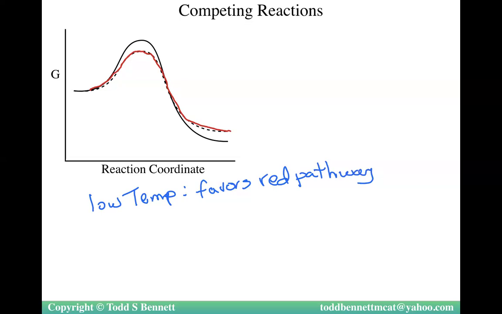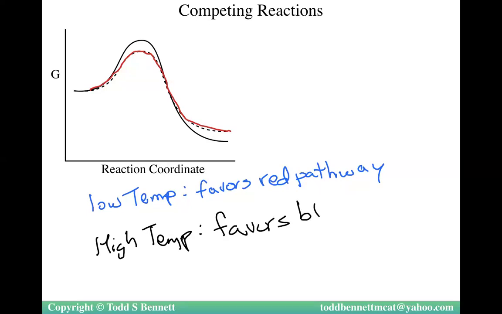And that's simply because it does not have enough energy to overcome the black pathway. At high temp, you can choose either pathway. It has more than enough activation energy. So it chooses the black pathway because you get the best results.